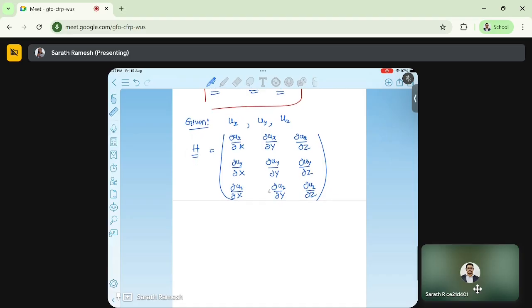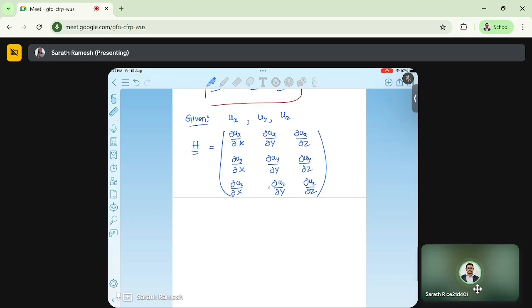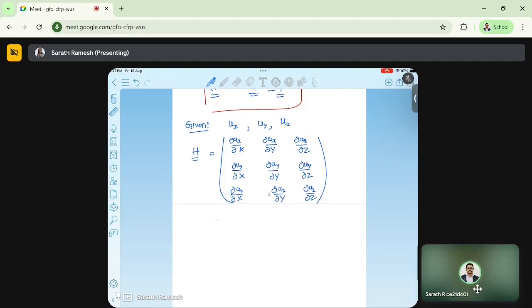Fine. Now suppose we have a dx in the current configuration and a capital DX, a small line element in the reference configuration, this we can write as H times DX, right? So this is a tensor. Any tensor we can write in terms of a symmetric and skew symmetric tensor.